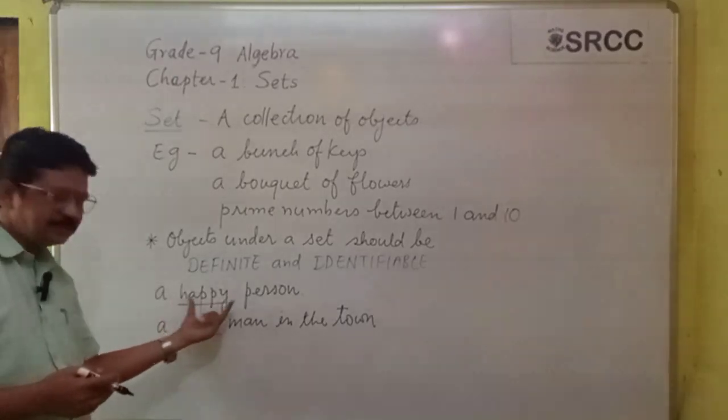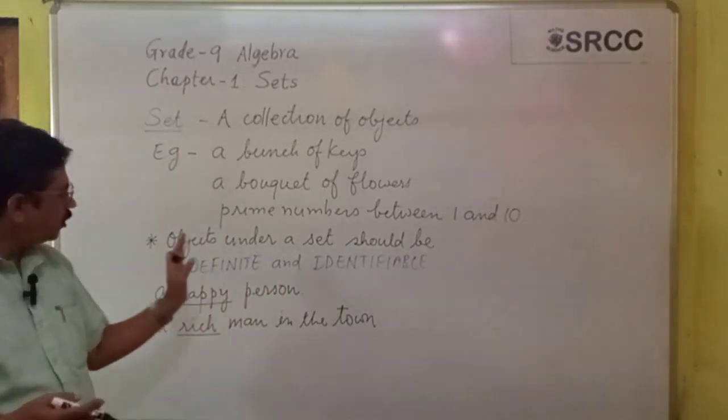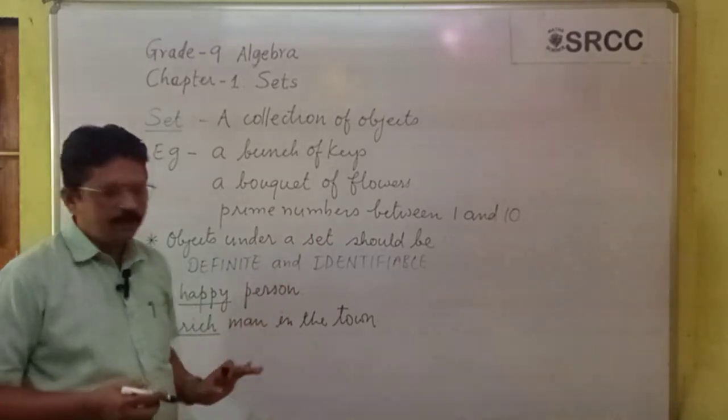So happiness, richness, these are not definite and identifiable.